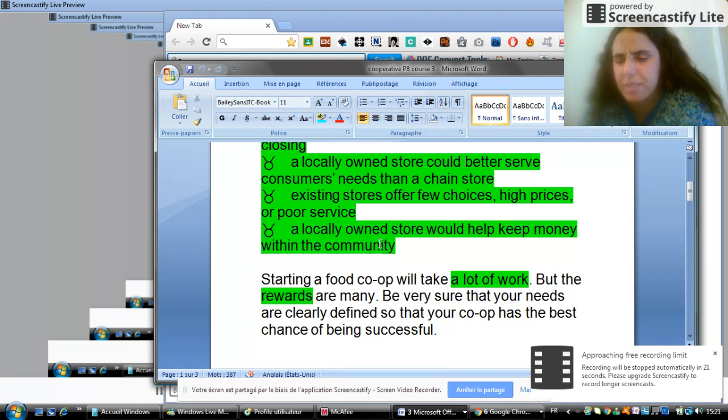So this means that it would be better for community members to establish their own store, that is a supermarket, and in this case a cooperative, because like this, they will be able to make a lot of money.